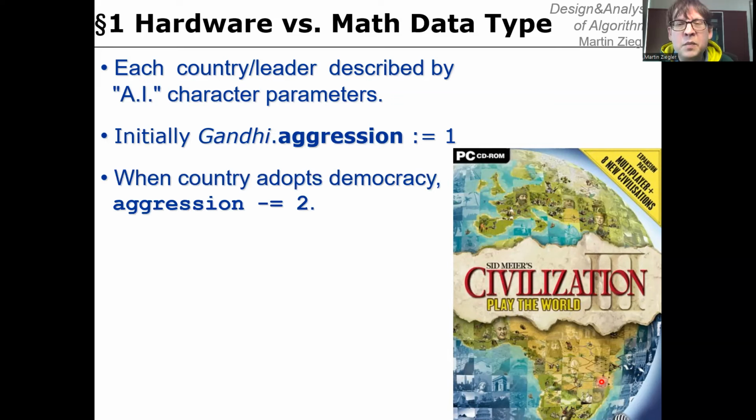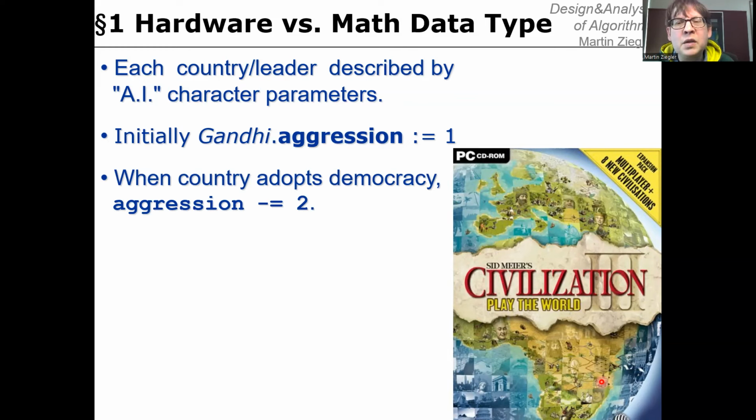So what happens when you play the game and your neighboring country, India, starts to develop democracy? Then Gandhi's initial aggression level of 1 decreases by 2, and thus the result should be negative aggression, so no aggression at all. Mathematically, 1 minus 2 is minus 1.